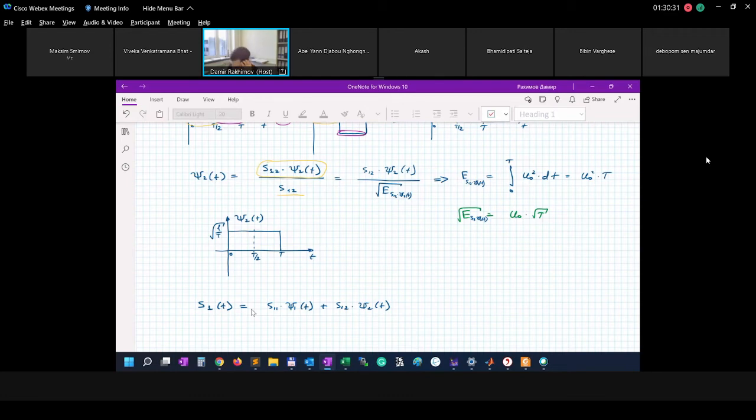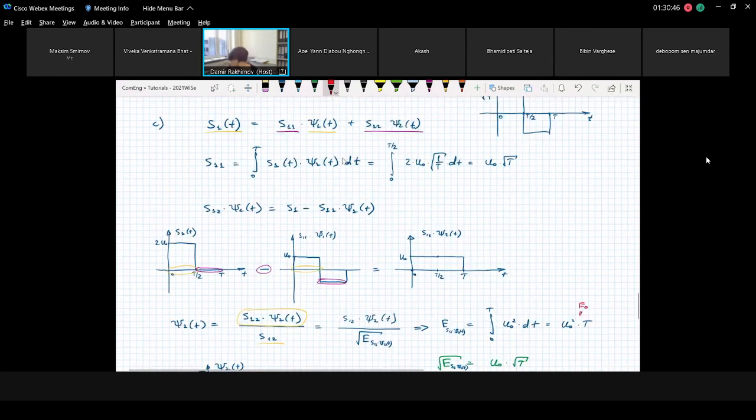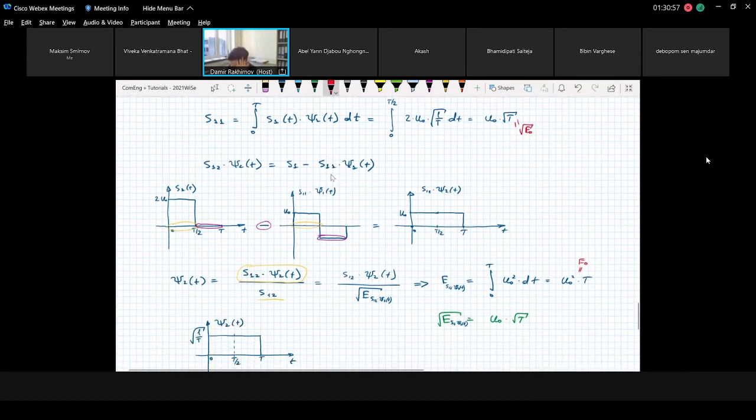We can denote the quantity U0 squared times T as E0, as we did in the previous task. In this case, S11 will be nothing else than square root of E0.